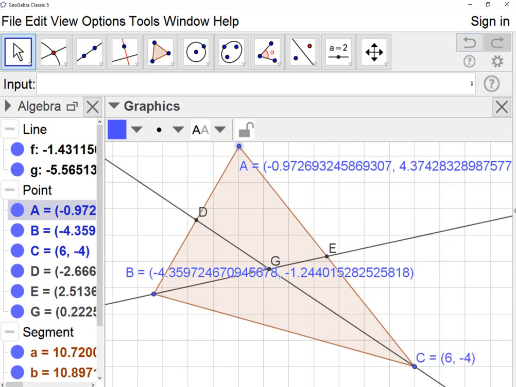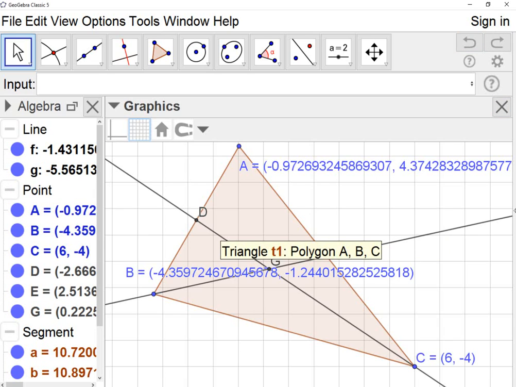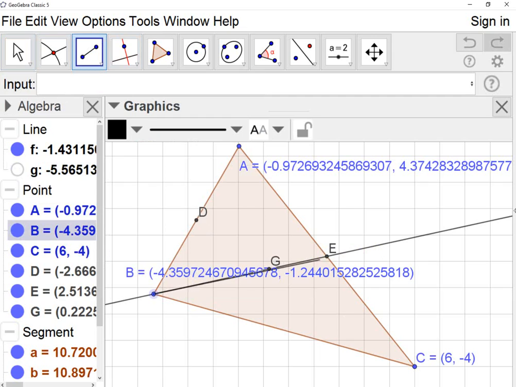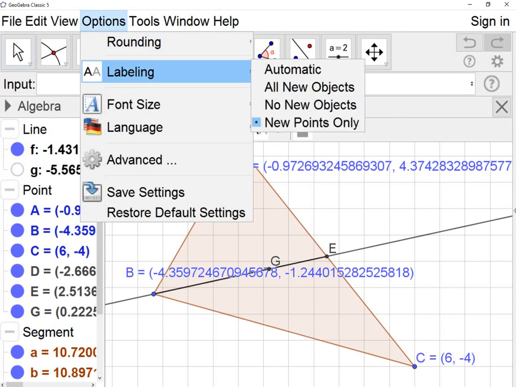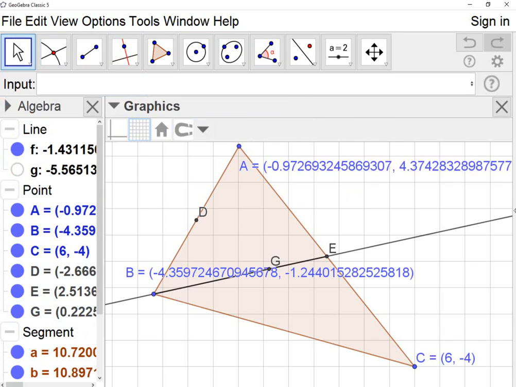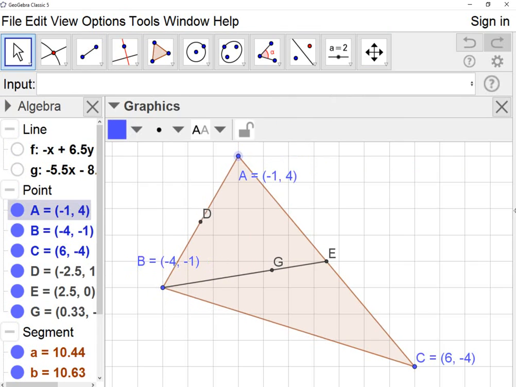Now, another feature. I'm going to keep point G on there. All I want to do right now is just look at some distances here. Let me get rid of the rounding here. That worked. All right, so G is the centroid, right?